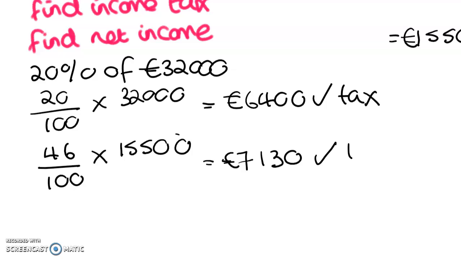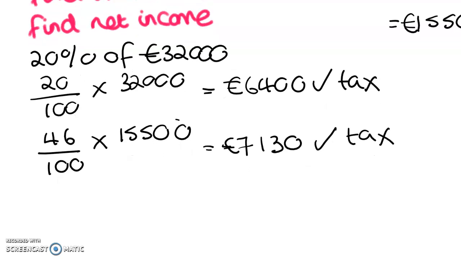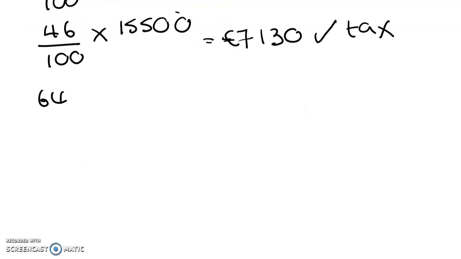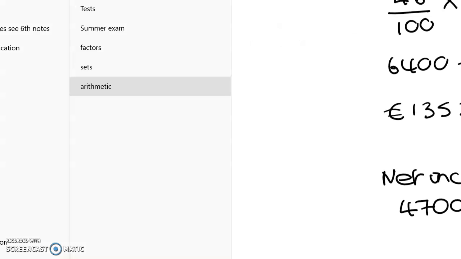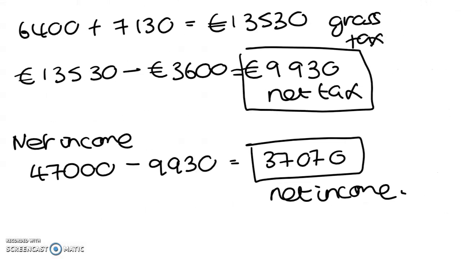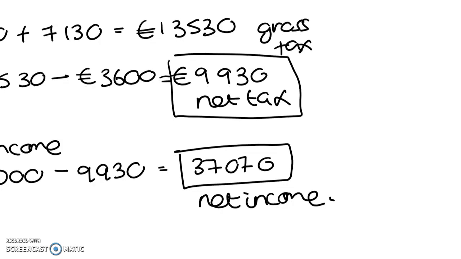That's my other part of my tax. Now to get the income tax, I'm looking for the actual tax she pays. So 6,400 plus 7,130. When I added the two of them together, lads, I got 13,530.